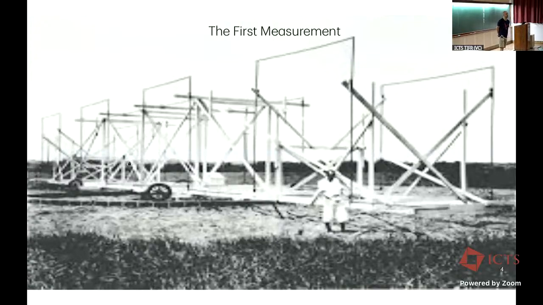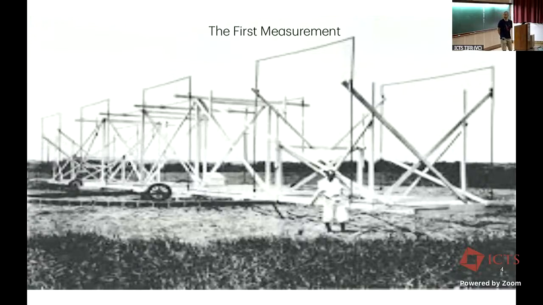So he mostly found thunderstorms. But he also found something which came through his dish once every day, and the interval between the appearances of the signal was some 23 hours and 56 minutes. And he had a colleague, an astronomer, who told him, hey, this is actually a sidereal day.